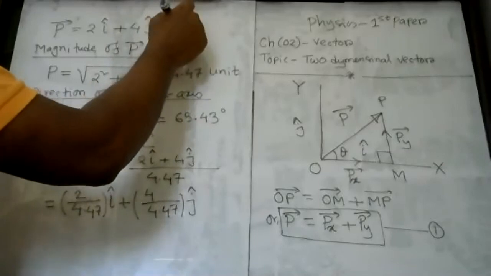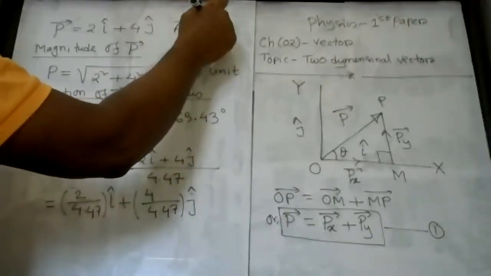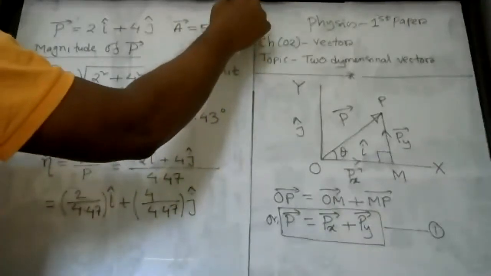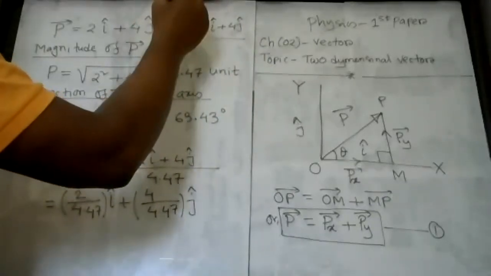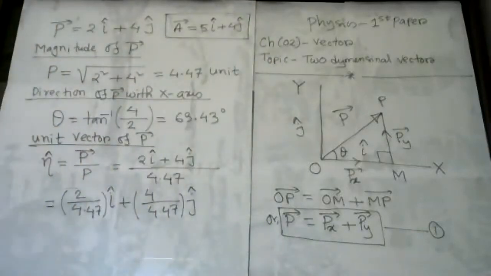Okay, now, my dear student, solve a problem just like this. Suppose vector A equal to 5i hat plus 4j hat. Now find out these three properties. Solve these questions on the basis of this step.